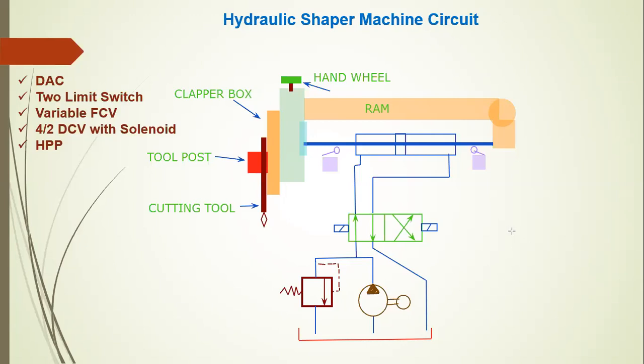One more required component is the variable flow control valve, FCV. Here I have to draw one flow control valve.